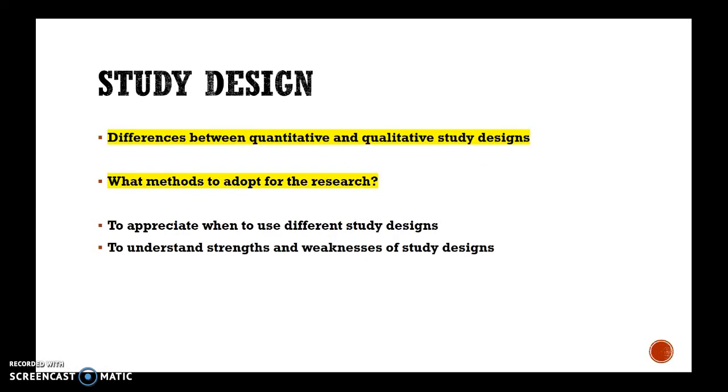I want to quickly talk one more time about qualitative studies and quantitative studies, the difference between them. This part is going to be the study design. And also we're going to talk about what kind of design method we're going to adopt for our research topic for each of you.